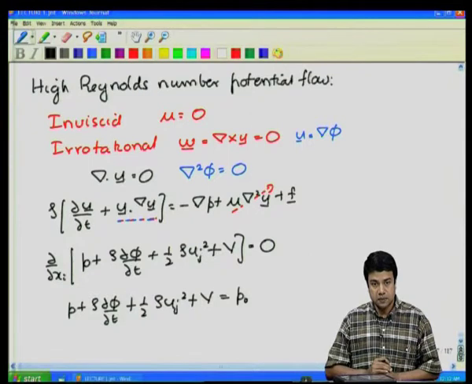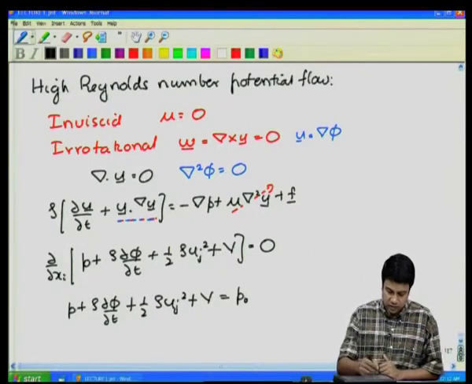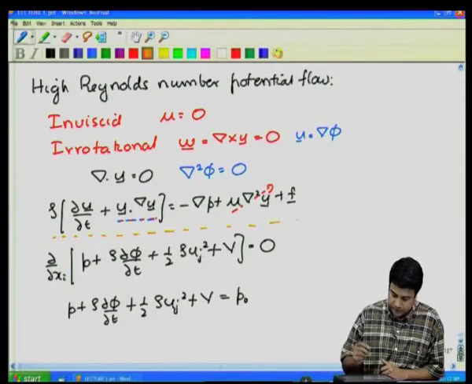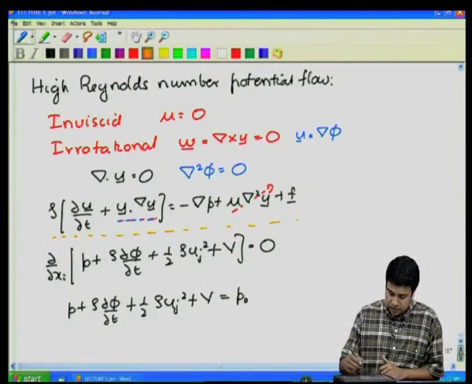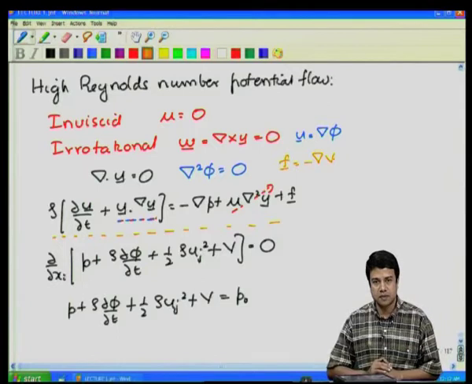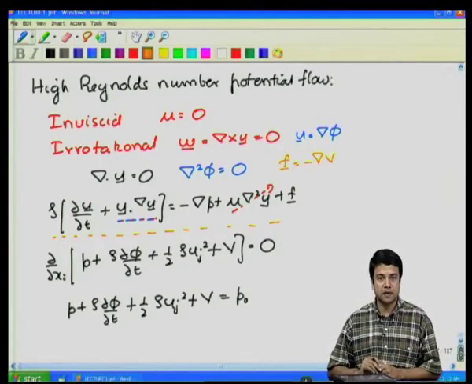Note that originally my equation was a vector equation, where I have used here the fact that the body force f is equal to minus the gradient of a potential. In this simplification, I have used the fact that f is conservative, and therefore, it can be expressed as minus the gradient of a potential.